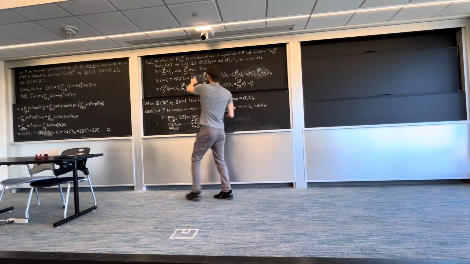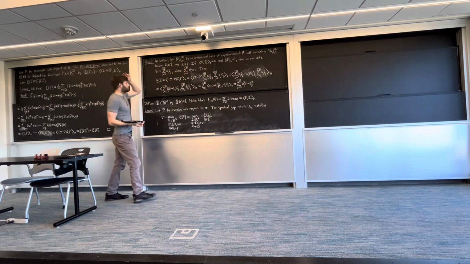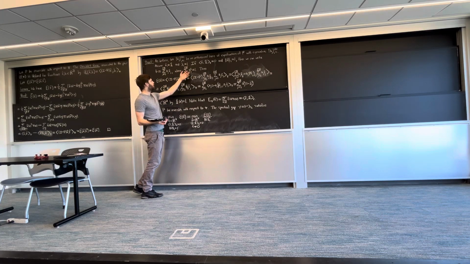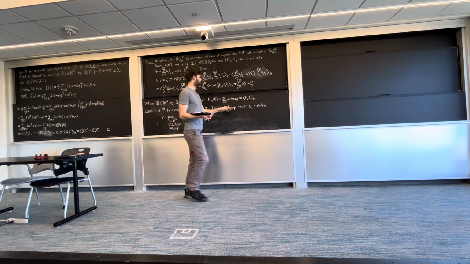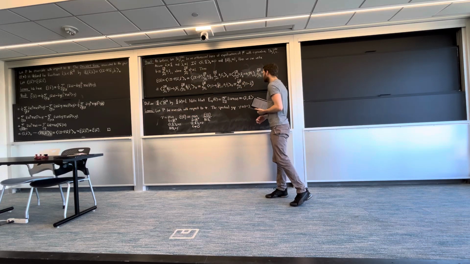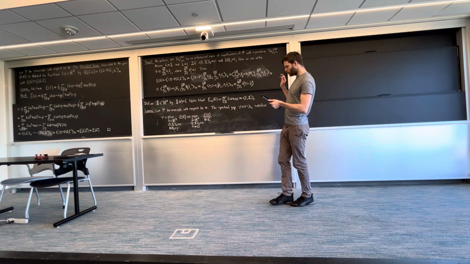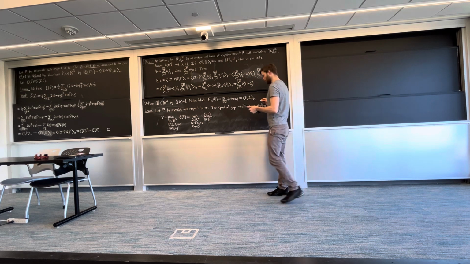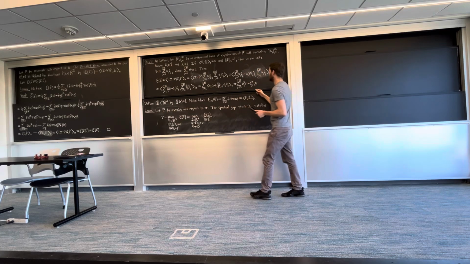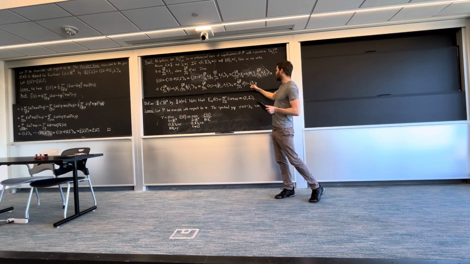Okay, then the point is that because the aj squareds sum up to 1, you can think of this as averaging in some way the 1 minus lambda j's. And so whatever this is, it's going to be greater than or equal to what it would be if all of these were lambda 2's.